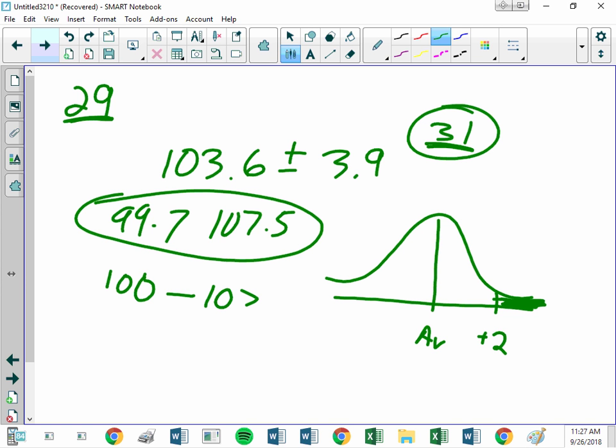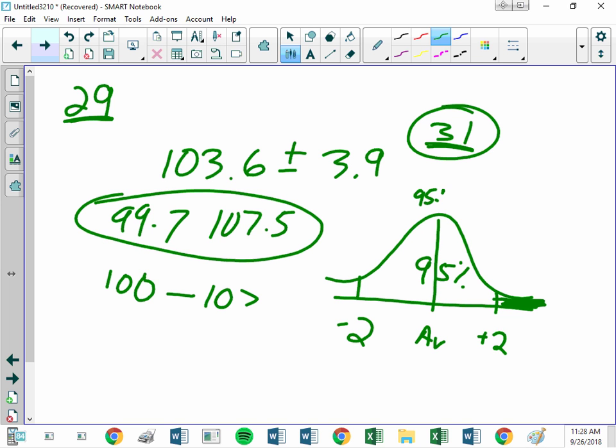We could use the 100 trick. How did you find 2.5%? Good. So if we go plus 2 and minus 2, this is 95%. And actually, if you look at your yellow sheet or the one up on the wall, if we go out to plus 2, we actually get 95.4.